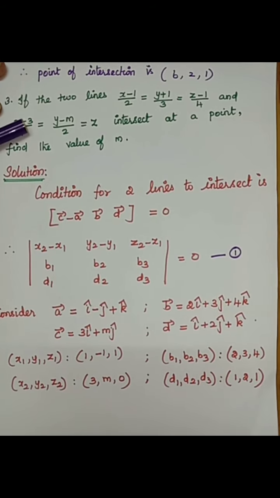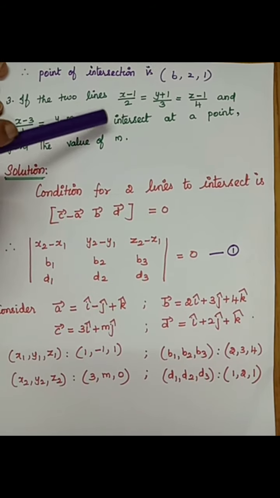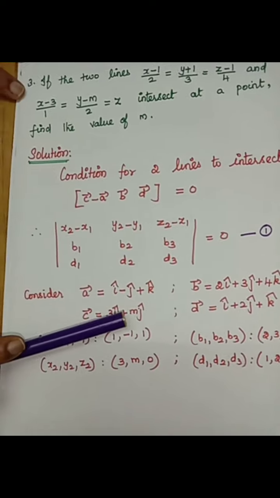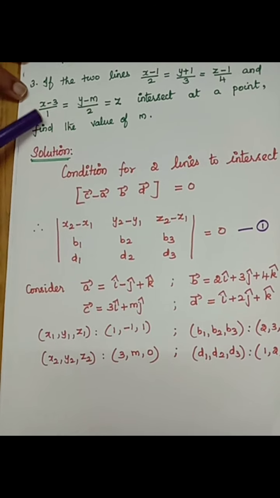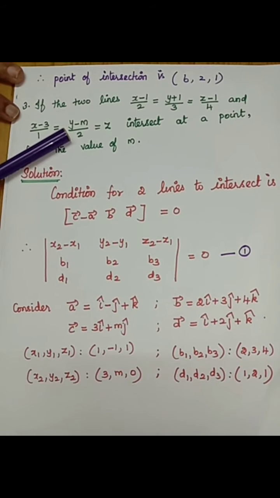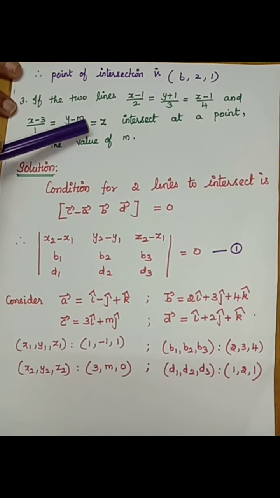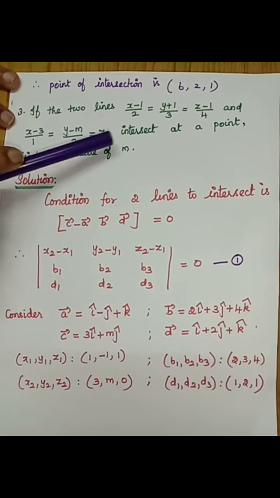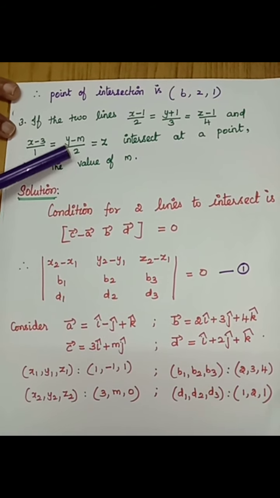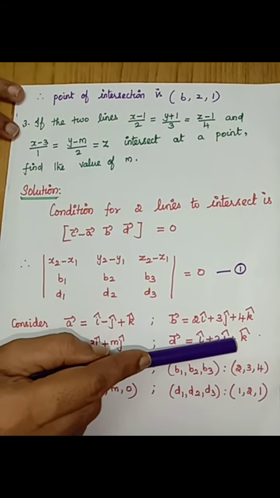So the point is (3, m, 0). So it can be written as the vector 3i cap plus mj cap. And see the denominator. Here you are having 1, here you are having 2, and here in the denominator it is z by 1. So therefore the d vector is i cap plus 2j cap plus k cap.